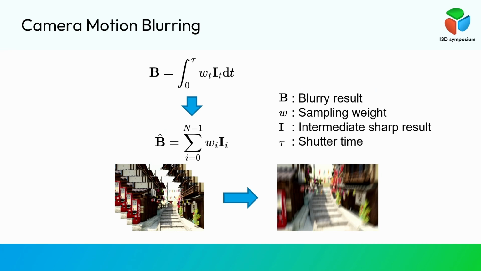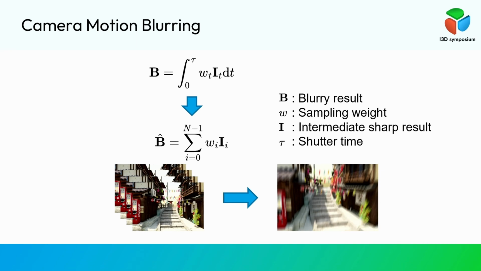So first, I'll introduce the camera motion blurring model in this problem. The motion blur is a common manifestation of camera shake that occurs when the camera shutter speed is too slow to maintain a stable camera pose. So the mathematical modeling of this process is integrating sharp image results during shutter time.